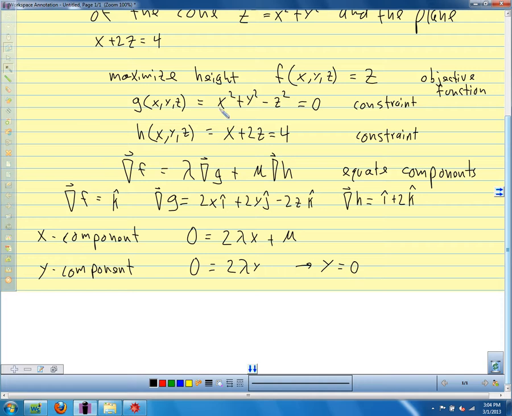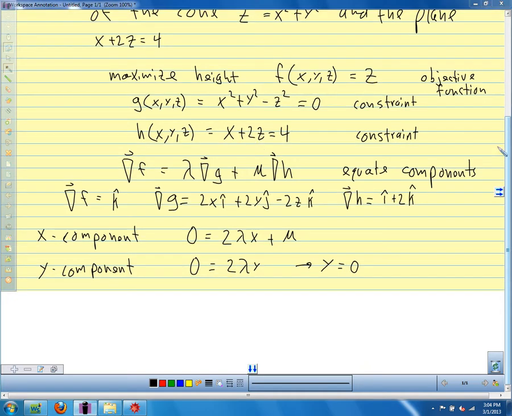Remember, we're saying that our gradients are parallel, and we don't want our scalar multiple to be 0, because then we don't have a vector. So our y component gives us y equals 0.